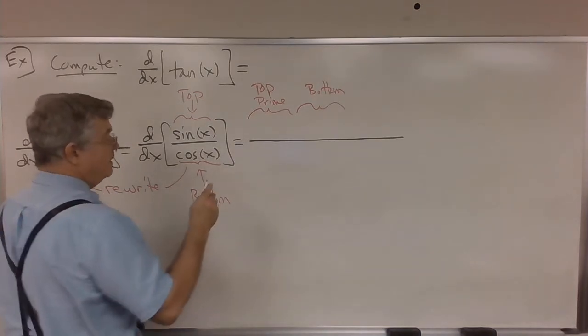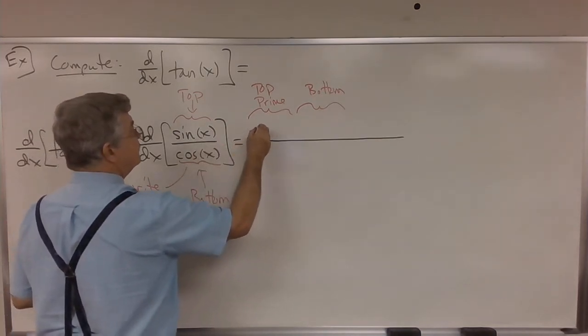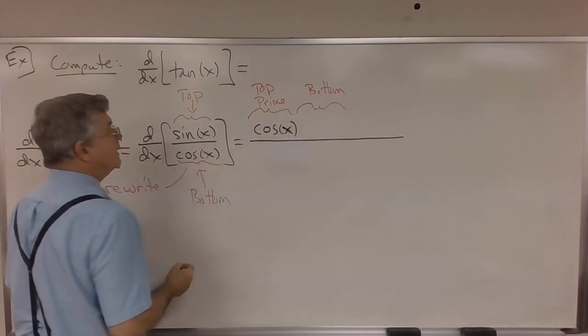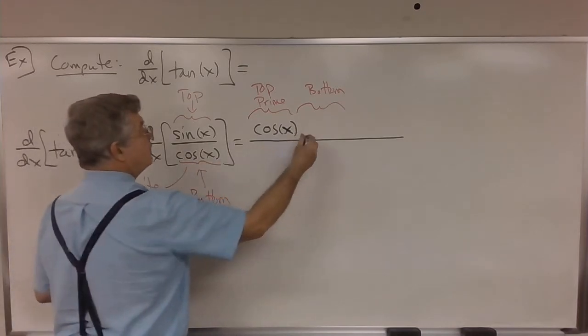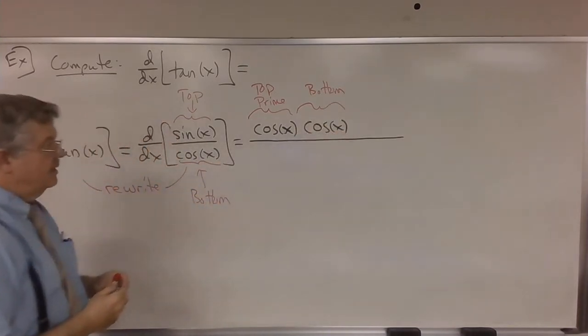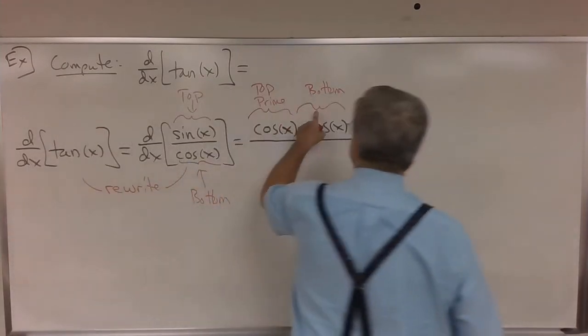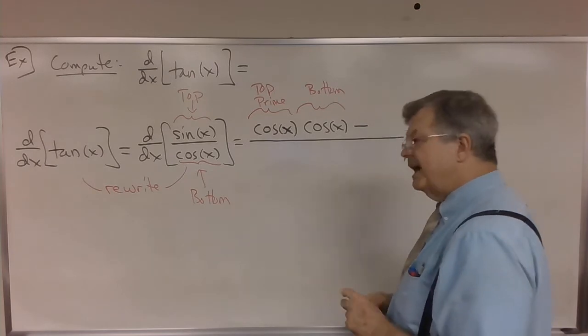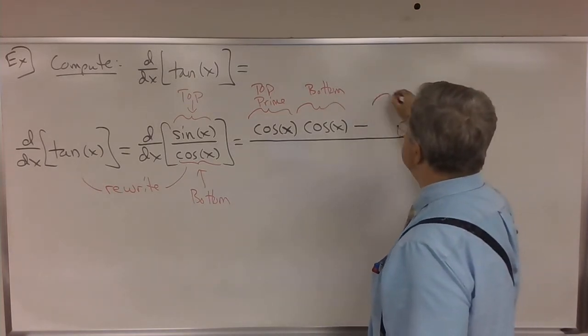Cosine of x. The derivative of sine of x is cosine of x, so that's our top prime, times the bottom verbatim. So I have top prime times the bottom minus bottom prime times the top.